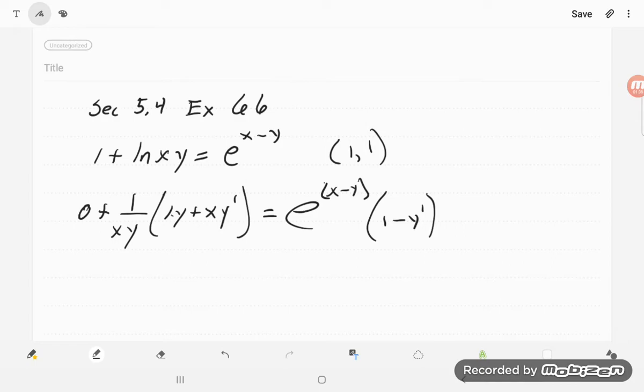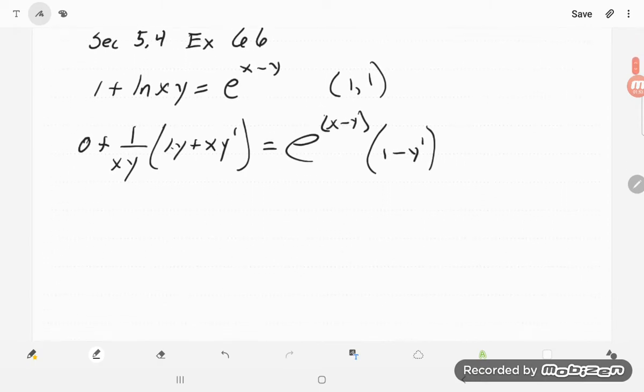Now I could solve for y prime and then substitute the 1's in, but I believe it just says to find that tangent line. So for the tangent line, I need that my tangent line, I'll call it L of x, is equal to my y prime at 1 times x minus 1 plus 1, because that's my value of y.